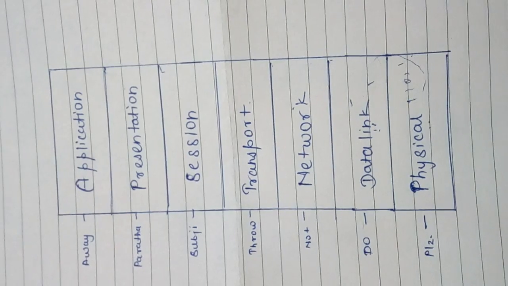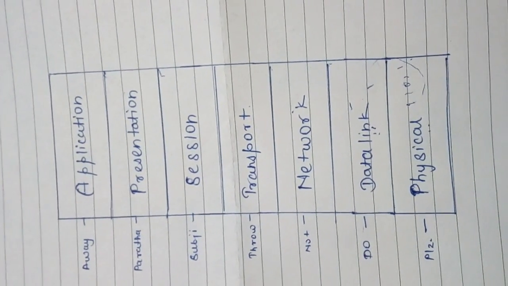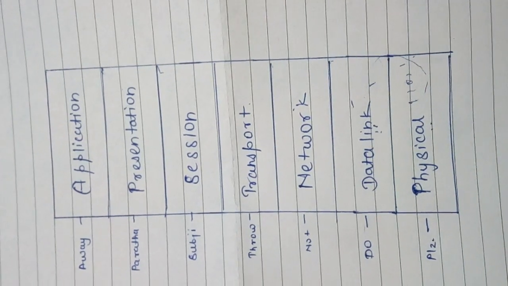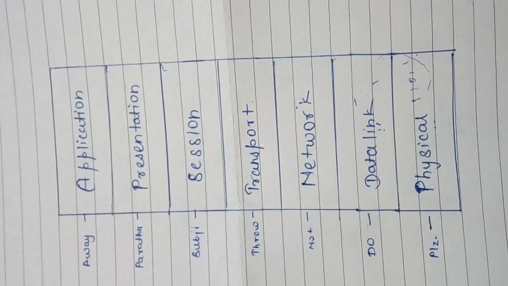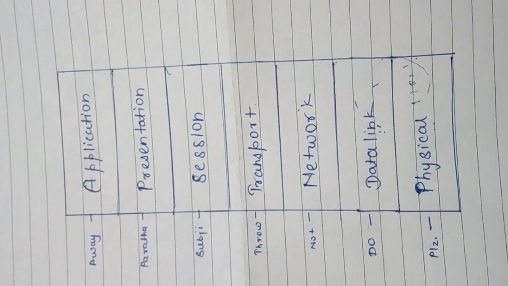Then the transport layer, this is a very important layer. The transport layer has many functions, greater than the previous layers, physical, data link or network.